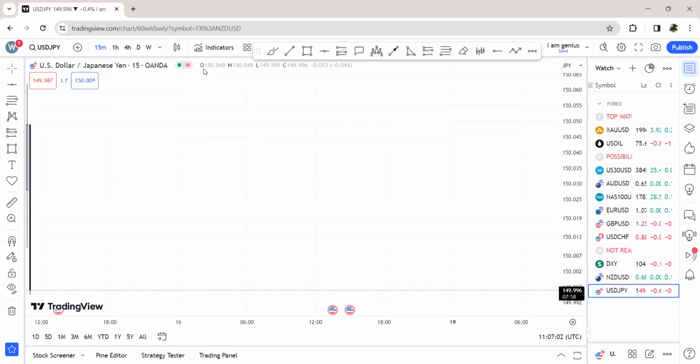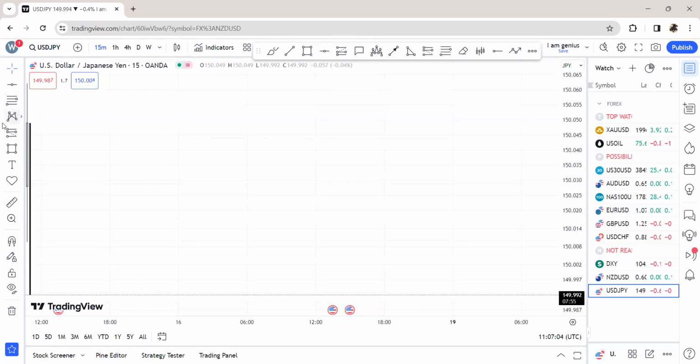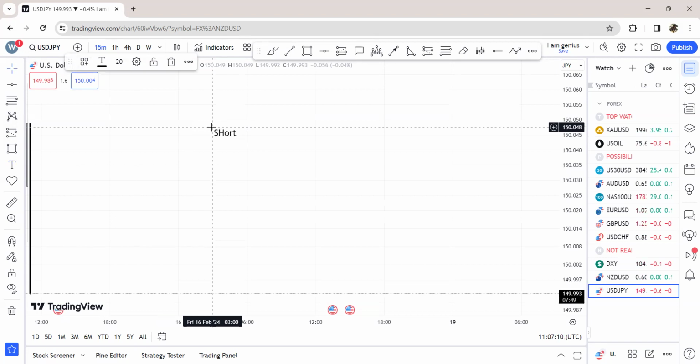One, it needs to have short retracements. That's one.